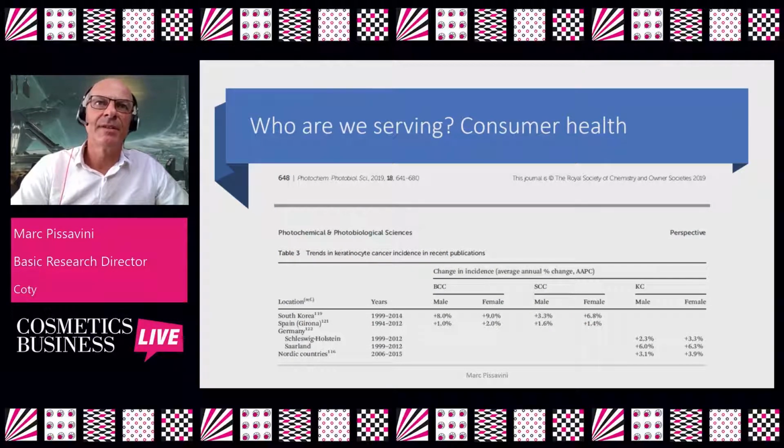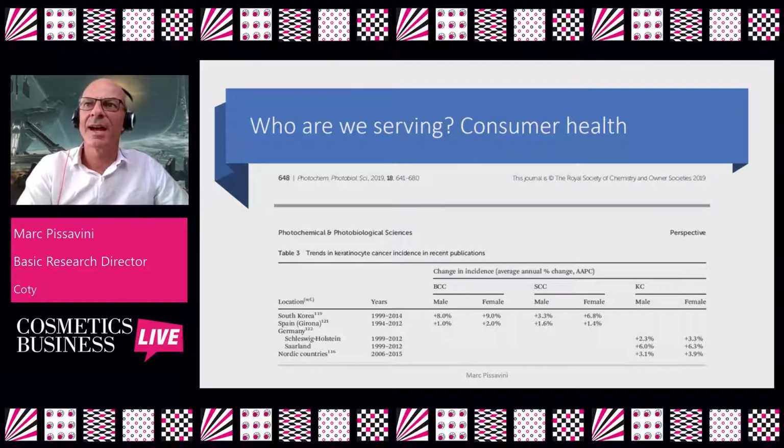So what are we serving? This comes from a presentation of Paul Matz. It is a good question. Who are we serving? But I think the answer is consumer health. If you look at the different papers that you can read, it's quite clear that the incidence of cancer continues to rise all over the world, in Europe but also in other countries.